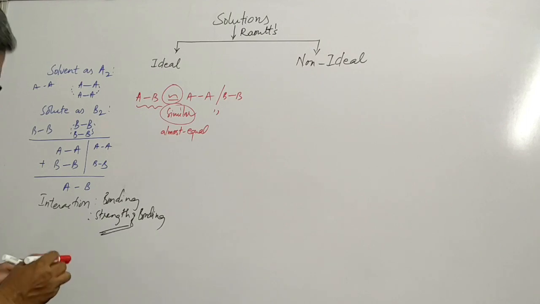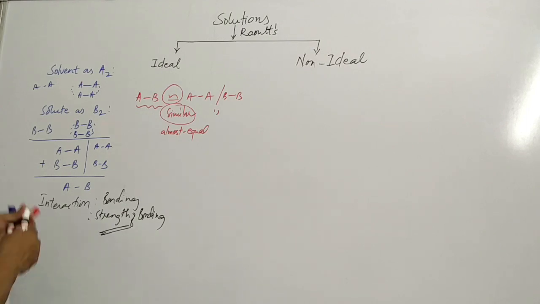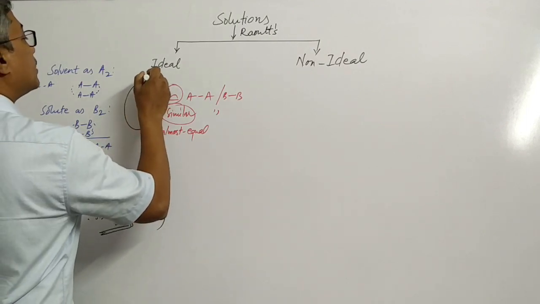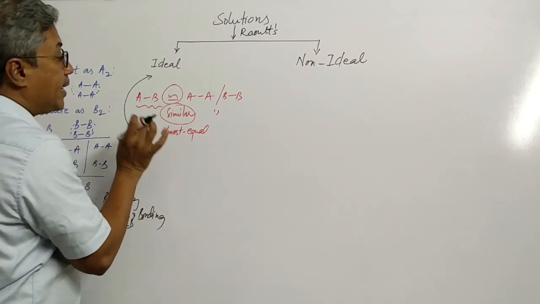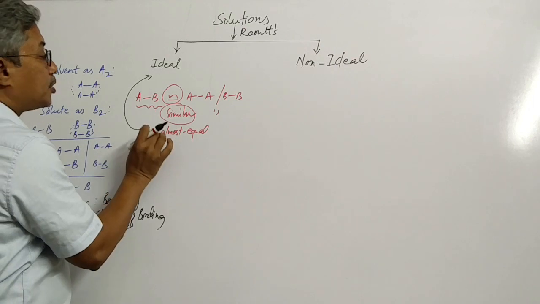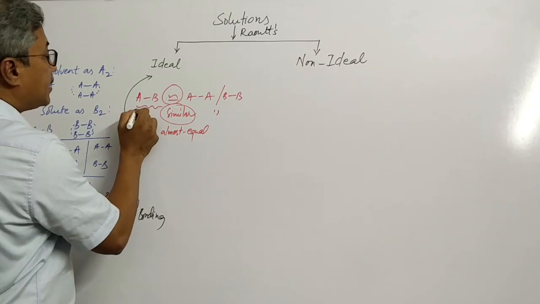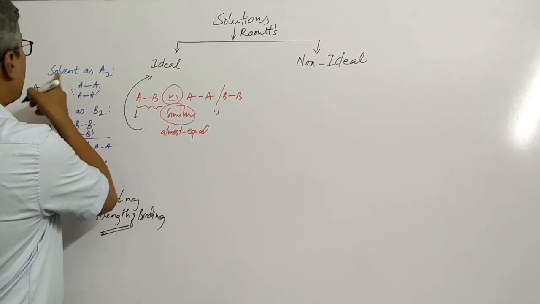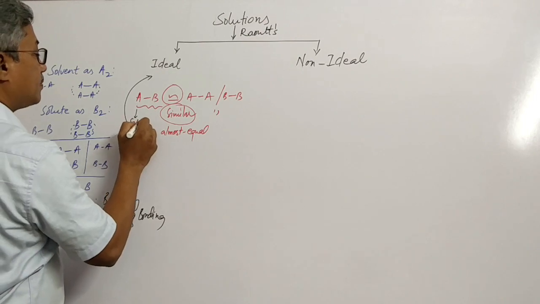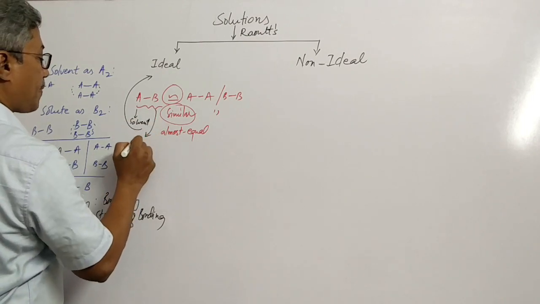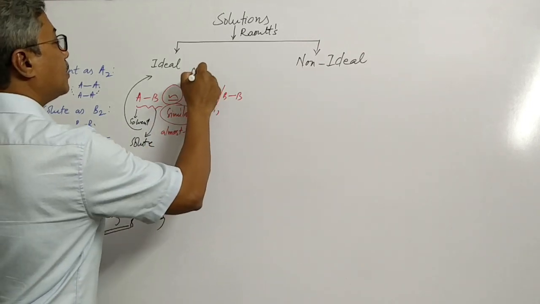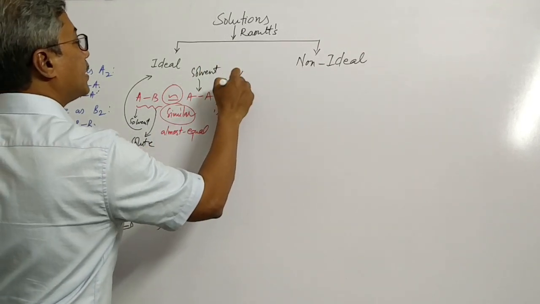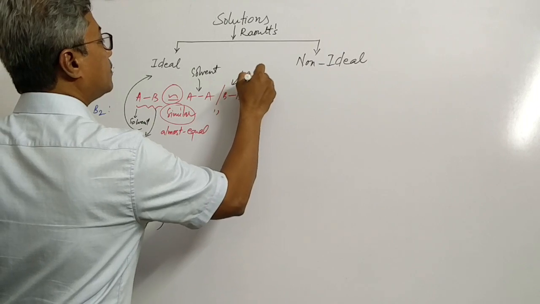In such cases, the solutions formed are known as ideal solutions. Is that clear, students? What are ideal solutions? This is solvent, this is solute, and these are only solvent and only solute.